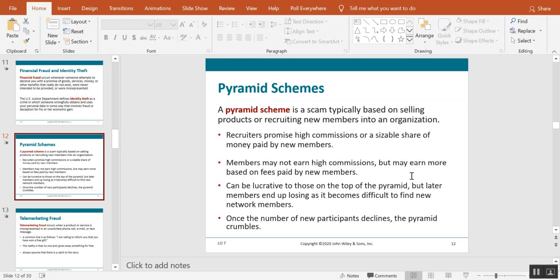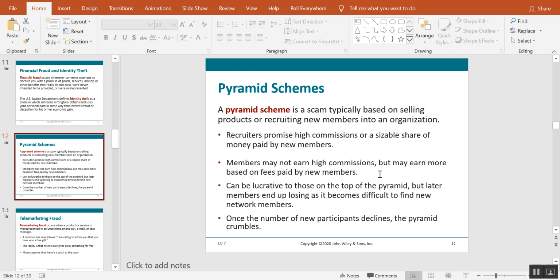This can also be done like a commission or a network marketing scheme where you recruit new people to come in, and the people who were there first make money off of those new people. But the idea is if you want to make money, you have to recruit more people, more people, more people, and the people who were in it first earn the money.